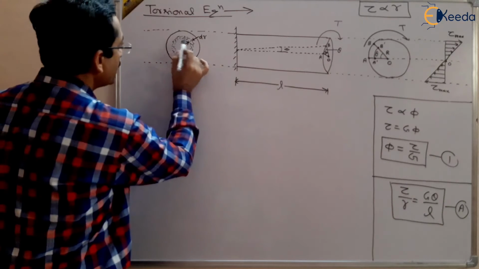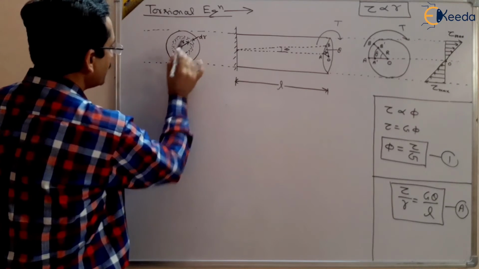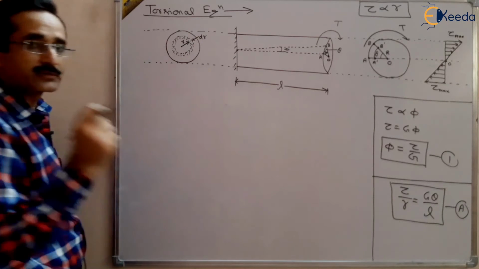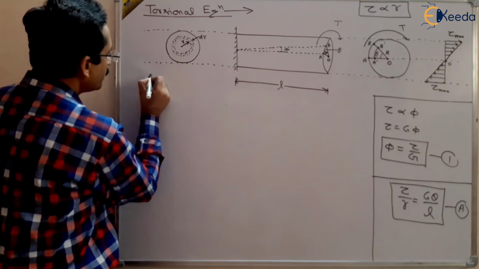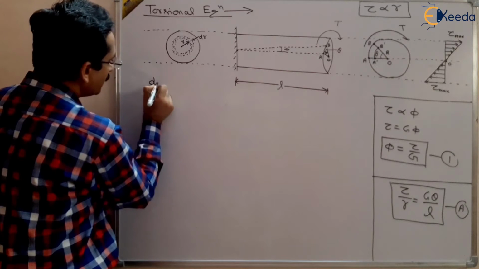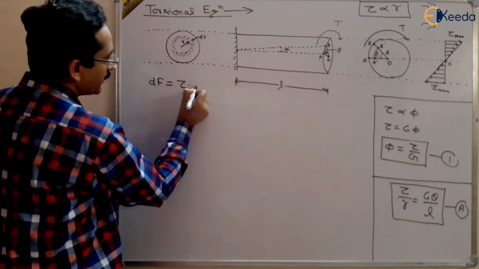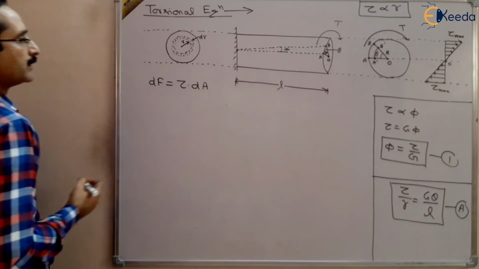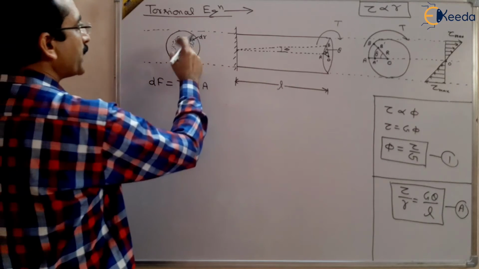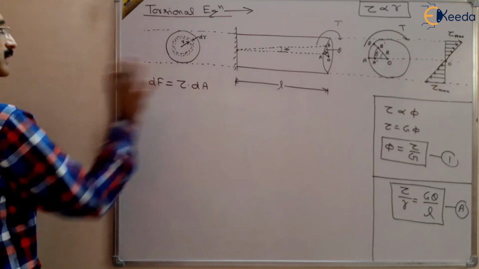So what will be the force acting on this element? You know that force is equal to stress multiplied by area. So the small force on this ring will be equal to shear stress multiplied by area. And what will be the area? That is 2 pi r dr, right? So we are keeping dA as it is.